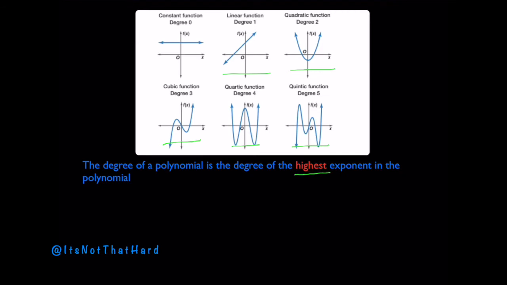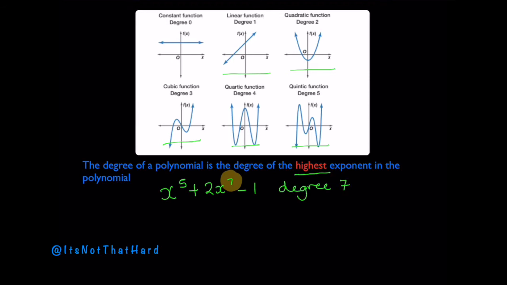So for example, let's say I had a polynomial like x to the 5 plus 2x to the 7 minus 1. Here, the highest exponent of this polynomial is x to the 7. And so that makes this polynomial degree 7.